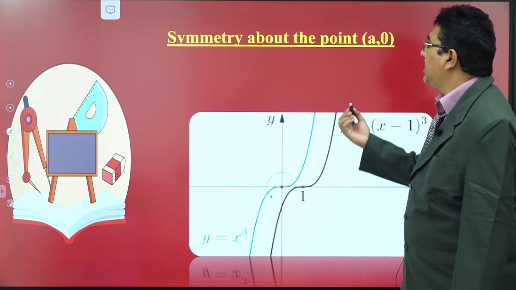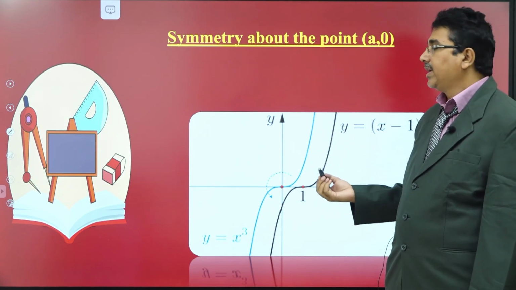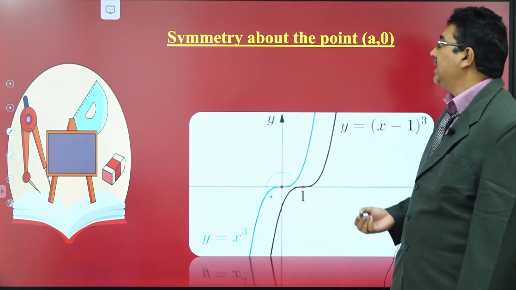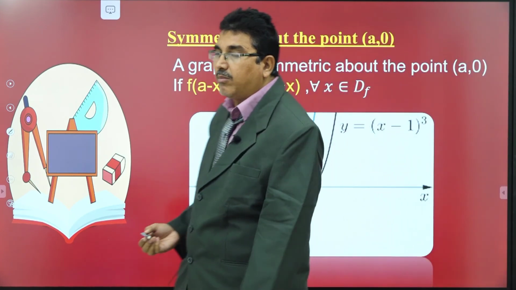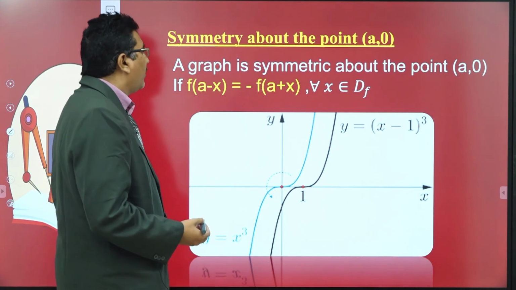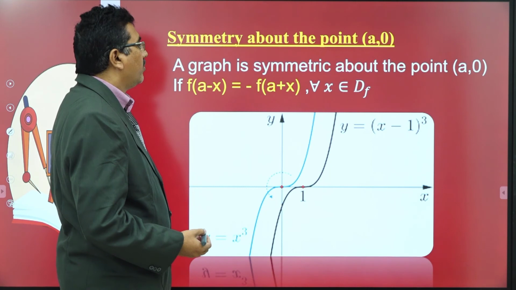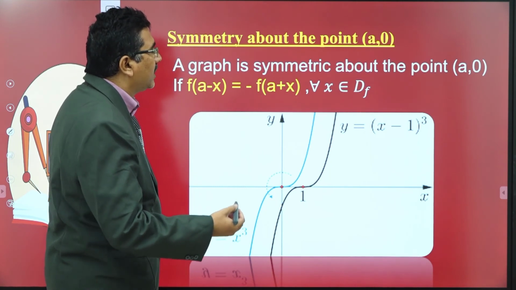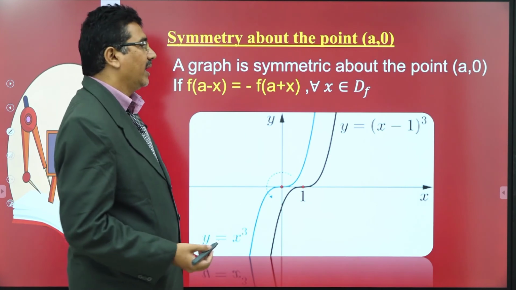Here, symmetry about the point (a, 0). See the difference. A graph is symmetric about the point (a, 0) if f(a minus x) is equal to minus f(a plus x) for all x belonging to the domain.